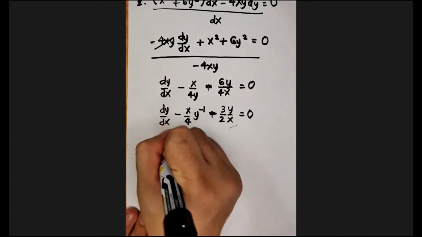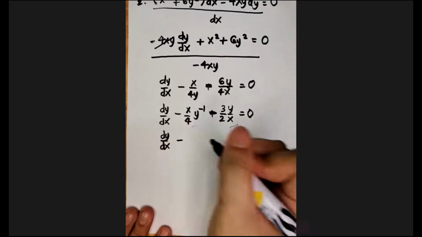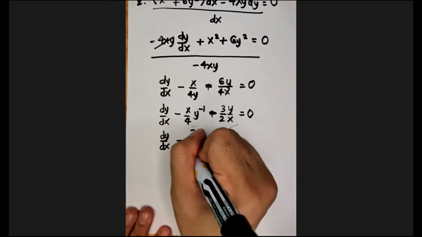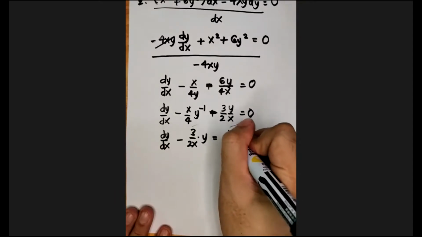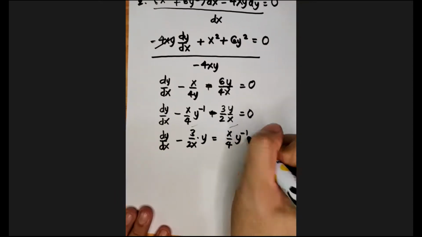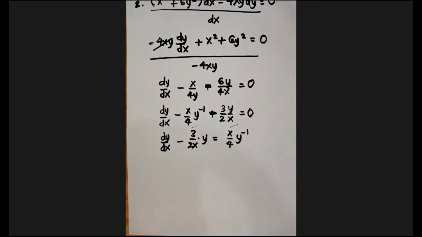So, therefore, we'll have dy over dx minus 3 over 2xy is equal to x over 4 y raised to negative 1. Tama ba?